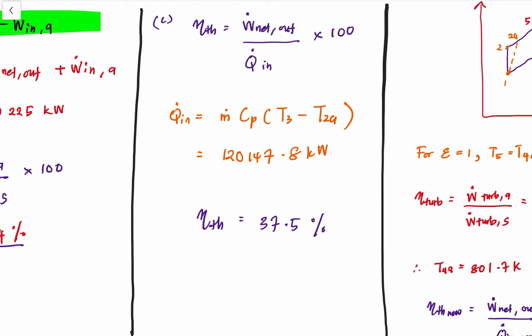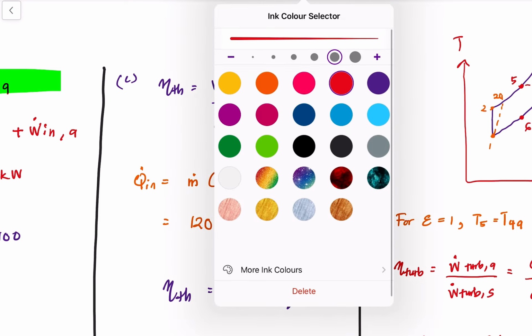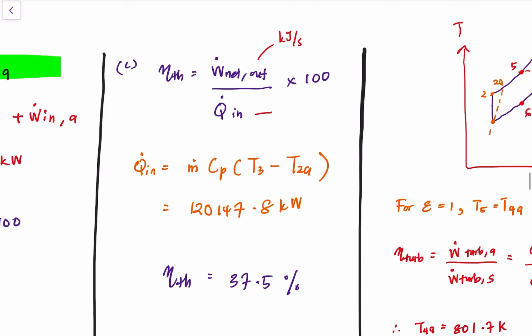So please ensure, if let's say you are using kilojoule per second, for the Q dot in also you need to use the same unit. You need to make sure that the unit is homogeneous, and please also do know that joule per second is referring to watt. So for this it will be the kilowatt.